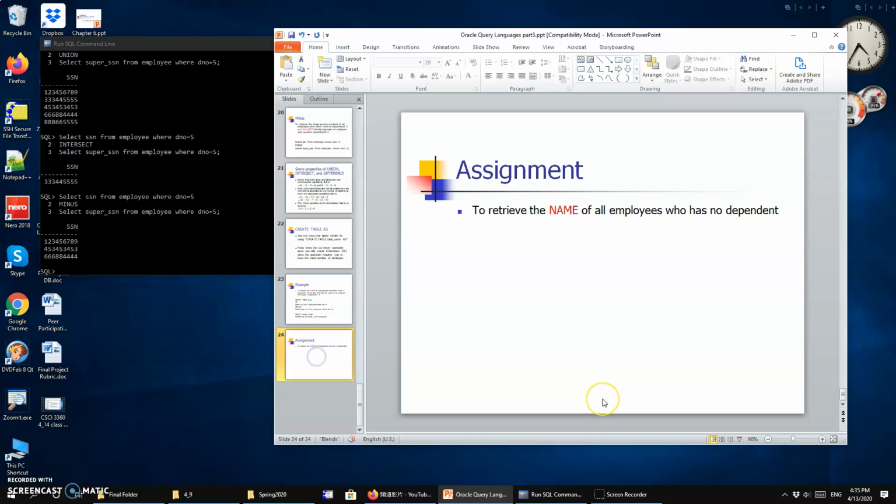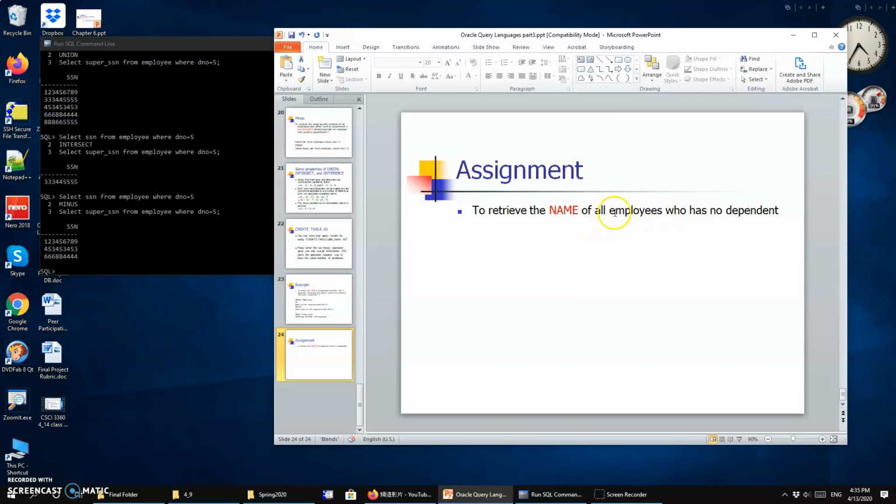So the assignment I want to give you guys today is to retrieve, again, the name of all employees who have no dependent. So how would you be able to get the information out of it? Obviously, you need to retrieve the name, not just the social security number.